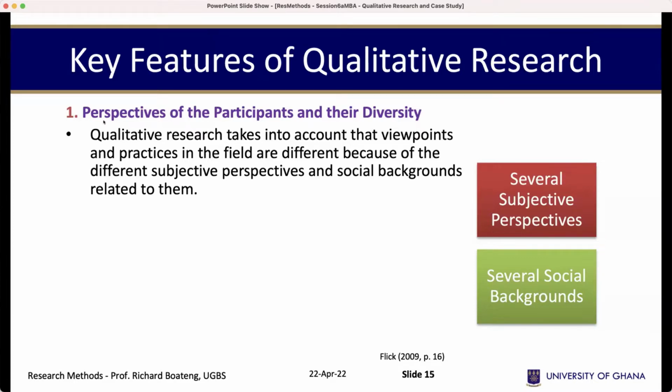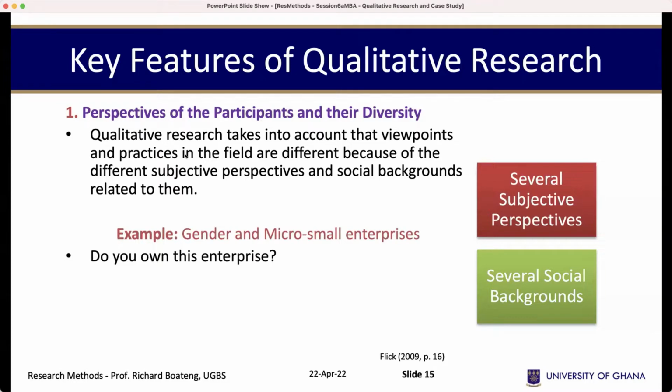Let's look at an example here. Supposing somebody is doing a study on gender and micro enterprises. One question goes to the field to ask that, do you own this enterprise? And that question has a lot of different perspectives in it, because it all depends on what you mean by own. Ownership enjoys several meanings in Ghana.